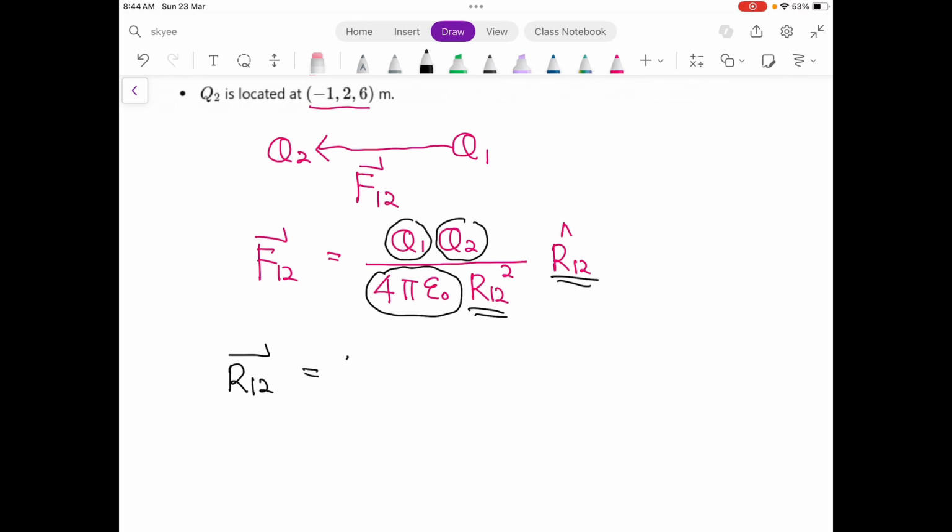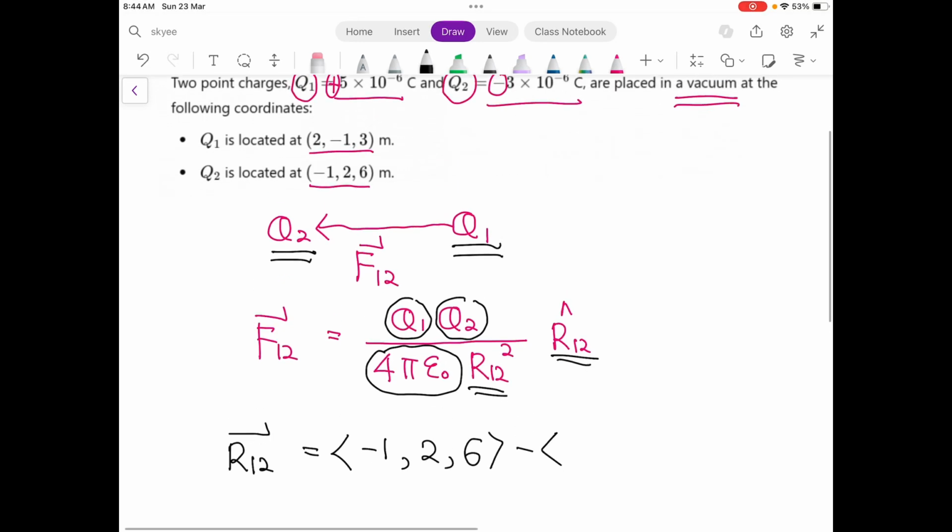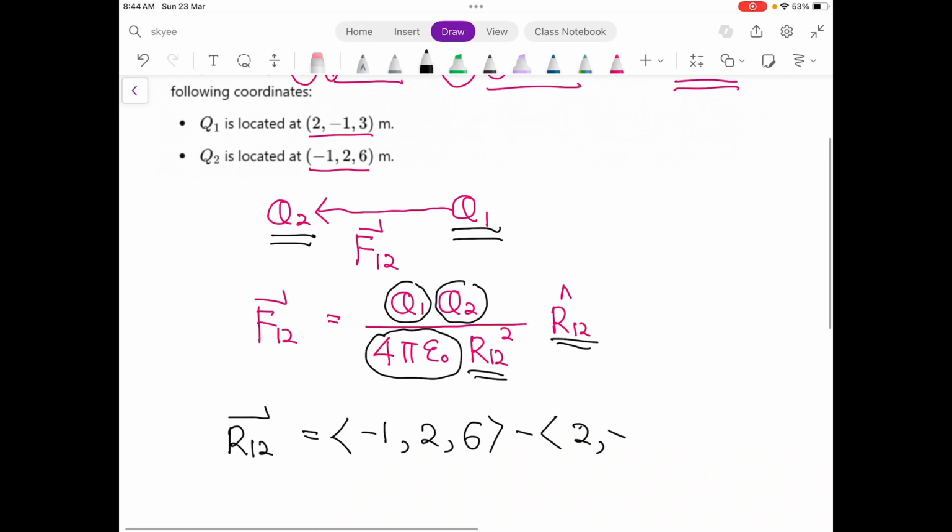You take the position vector of Q2 minus the position vector of Q1, so it will be (-1, 2, 6) minus (2, -1, 3).